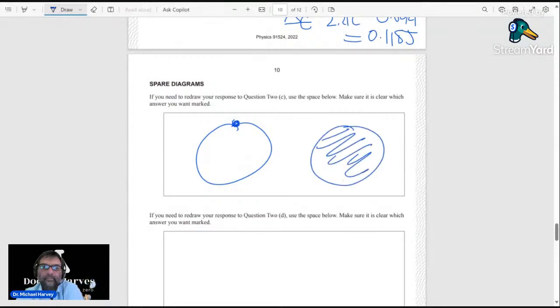Yeah, just to clarify that point. Okay, so orbits are an example of circular motion, whereas a bowling ball going down a hill is an example of rotational motion. Yeah.